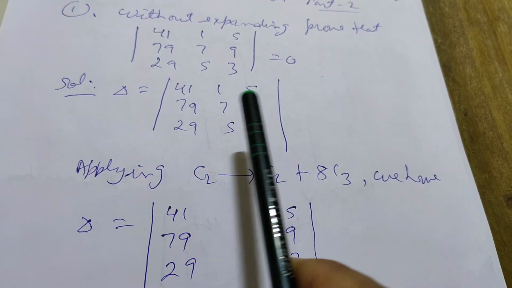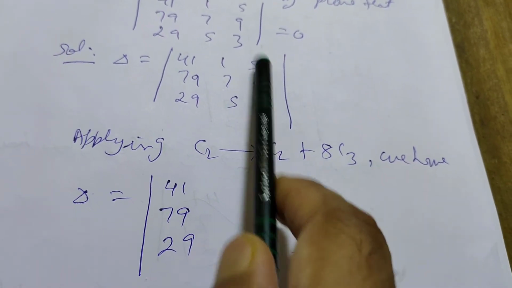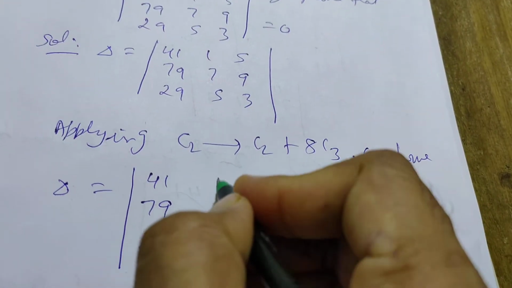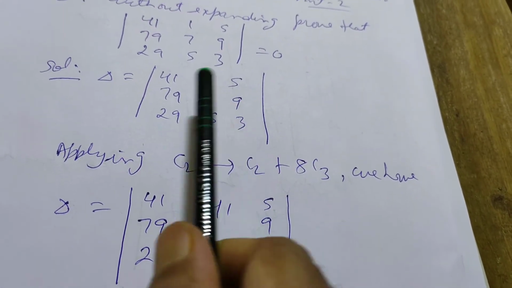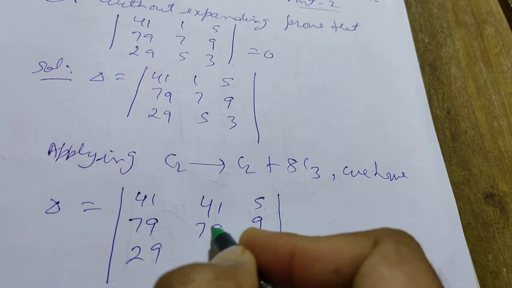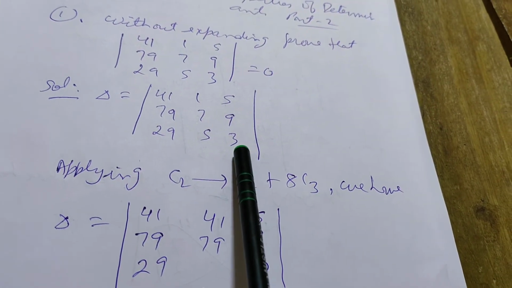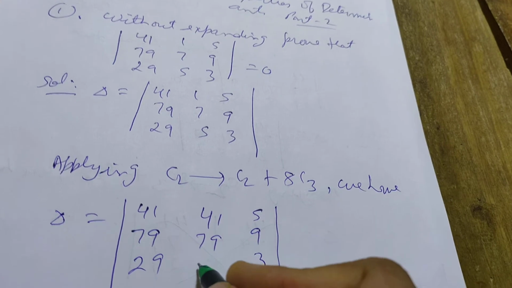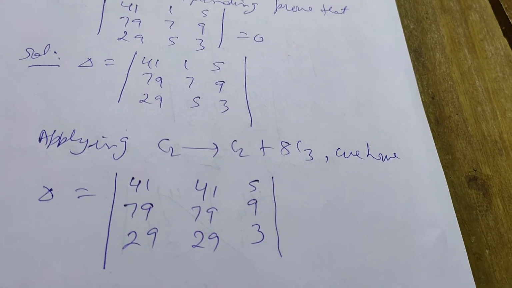In column 2, we have to add 8 times column 3. So 8 into 5 is 40, 40 plus 1, that is 41. Then 8 into 9 is 72, 72 plus 7 is 79. Do this operation. Then the third element here, 8 into 3 is 24, 24 plus 5 is 29. So therefore delta equal to 0. Why is it 0?